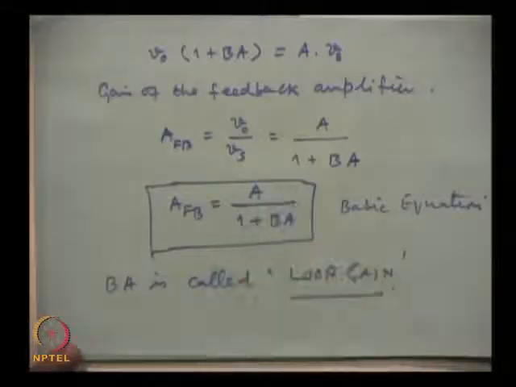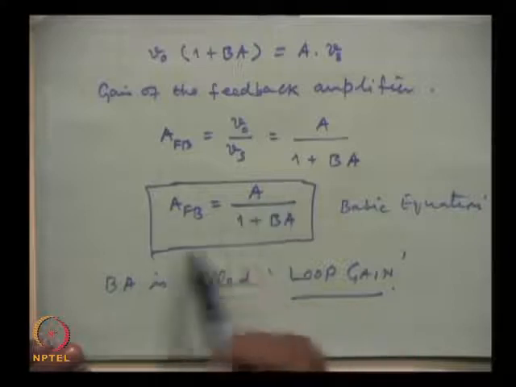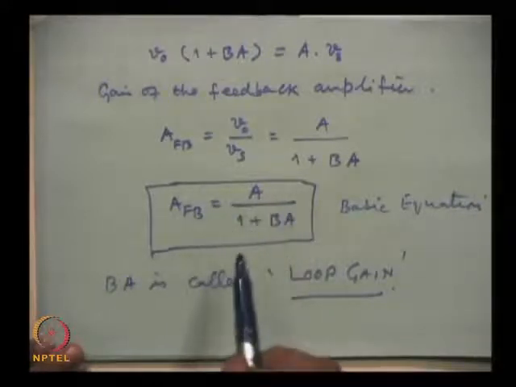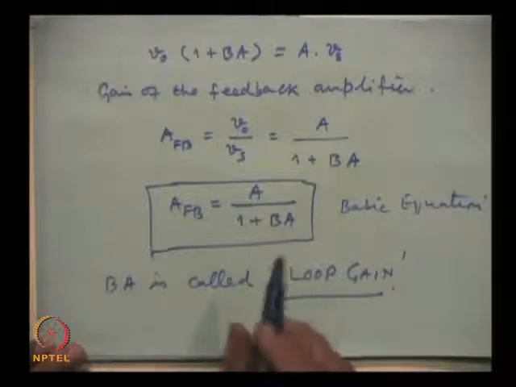Open loop means without feedback, and then the gain will be A. We will be using this expression where we will see how the quantities of interest get modified, how the gain stability is obtained, how the distortions can be reduced. All this we will be studying.